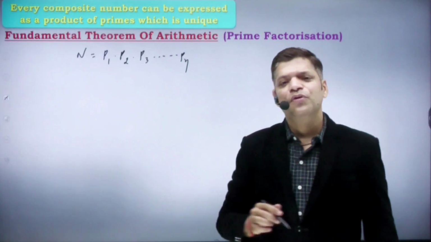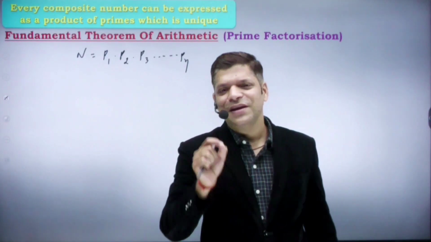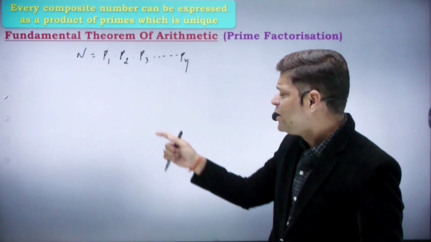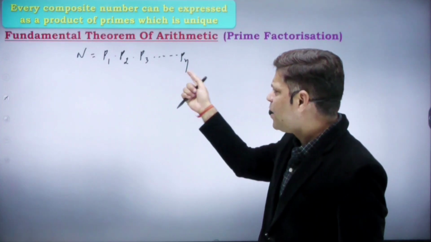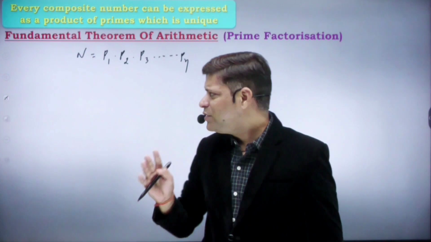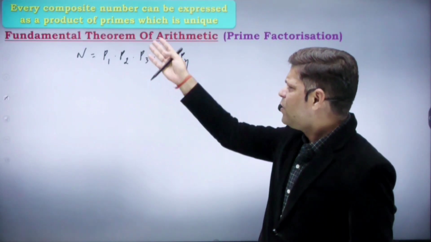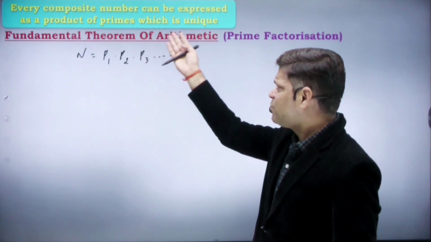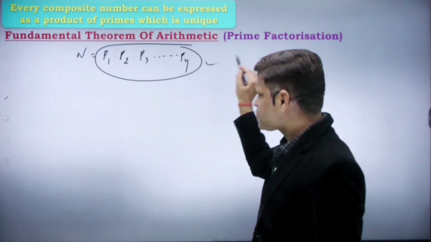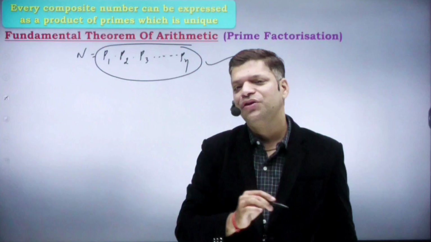That is, this composite number can be written as the product of prime numbers which are unique. P1, P2, P3 up to Pn are all different. So this is the meaning of a product of primes which is unique.